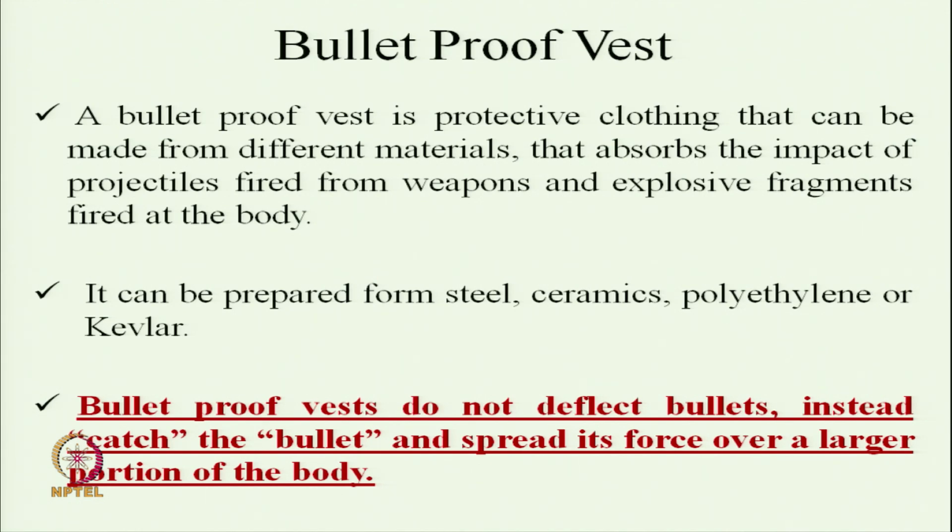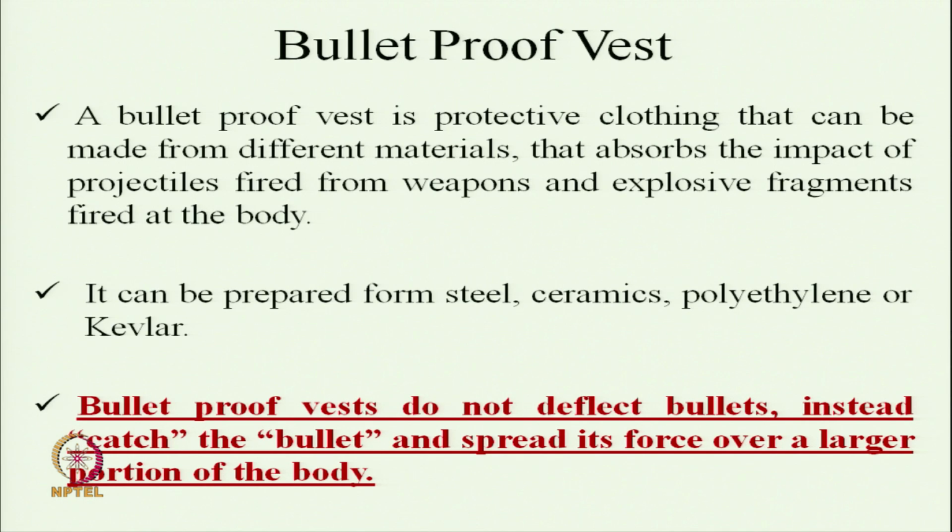A bulletproof vest is protective clothing that can be made from different materials that absorb the impact of a projectile fired from a weapon. Its function is to absorb the shock, not to reflect it. If we try to reflect, then the impact will be on the body of the wearer.